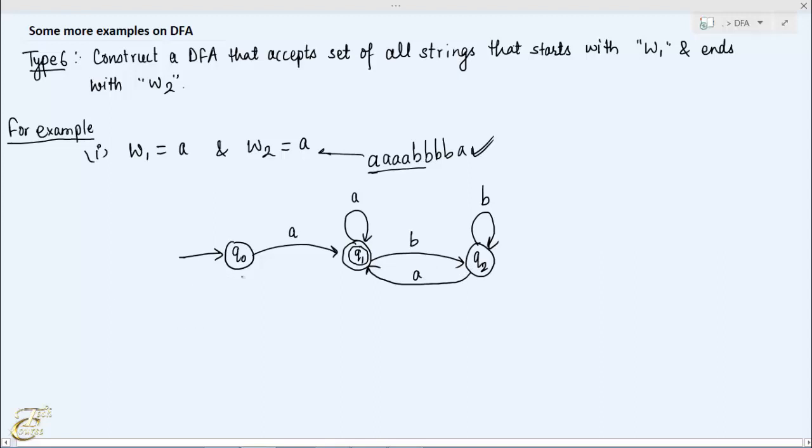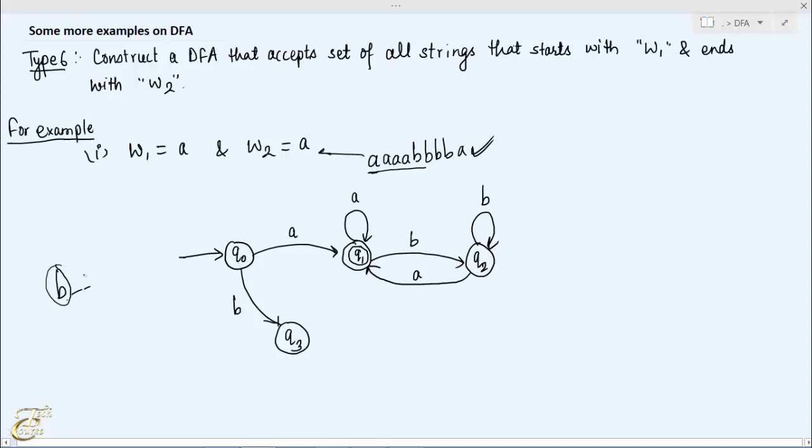Similarly, what if the machine reads the symbol B in the Q0 state, which indicates that the string starts with the symbol B? So whatever comes after this B cannot be accepted, since it already started with symbol B. That's why we make a dead state Q3 and switch to that dead state Q3 on encountering the symbol B from Q0.